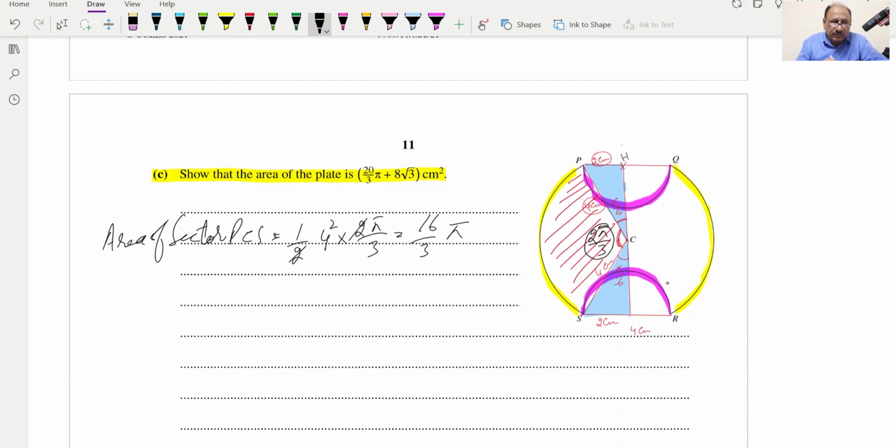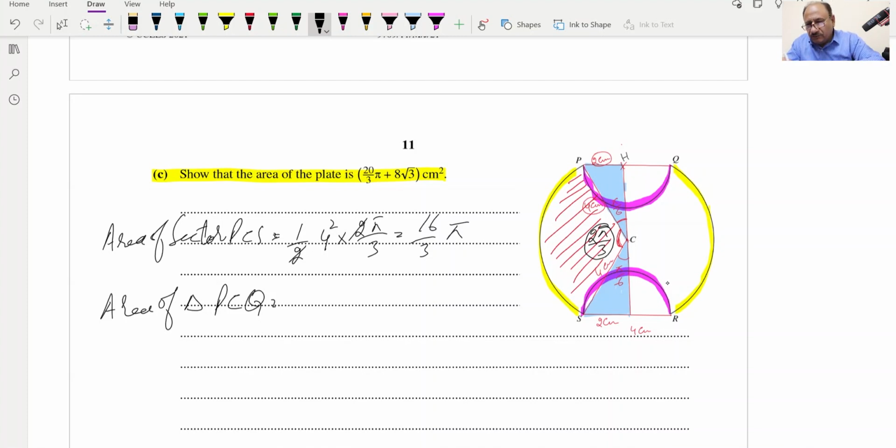This will be the area of this side, and area of triangle, so area of triangle PCQ, which I have shaded blue, PCQ will be double the area of this one, half into radius. Basically we can take the angle, instead of pi by 6 we'll take pi by 3, and it will be doubled.